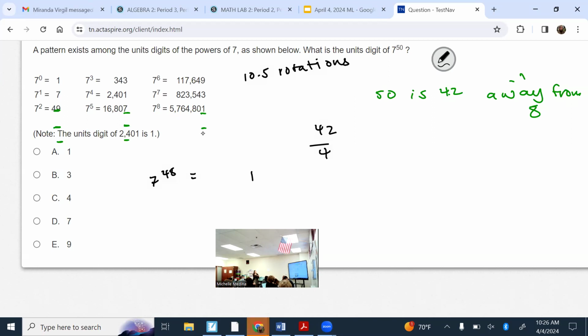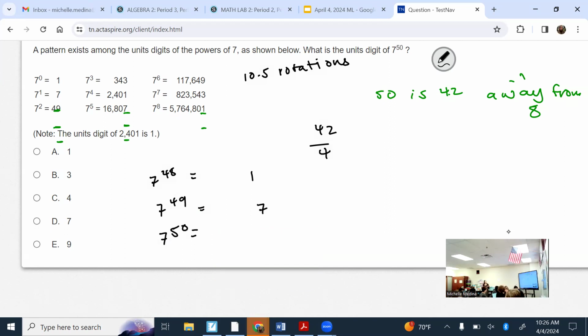Hold on, I'm thinking. 10 times 4 is 40. So yes, 7 to the power of 48 has the same units digit as this one. 7 to the power of 49 would have the next number we saw in the pattern, which was 7. 7 to the power of 50 would then have to have the last number being 9.